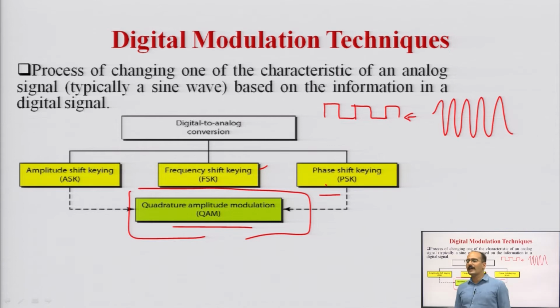Actually, why these hybrid techniques are going to be utilized: when we talk about any amplitude changing modulation technique, the noise immunity of an amplitude modulation scheme is quite low, because due to the change in the amplitude it is very prone to noise, and that is why noise is quite easily introduced in amplitude changing systems.